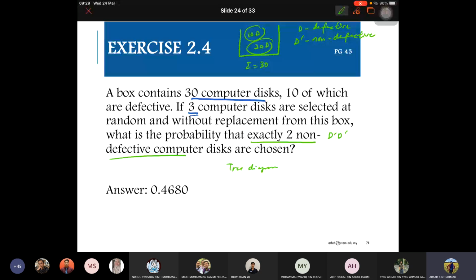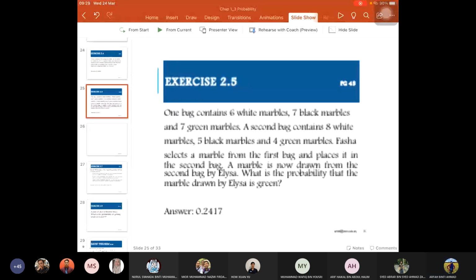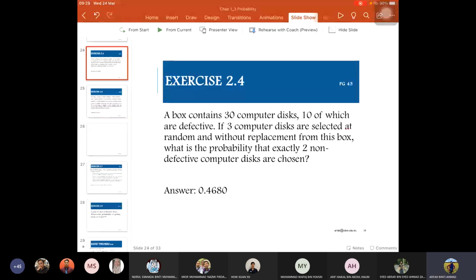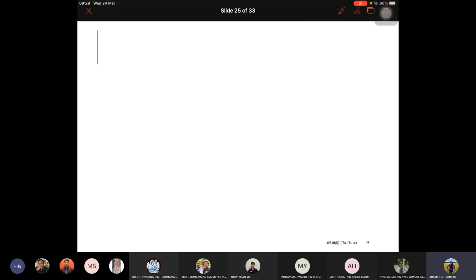Done this one ke ada yang tengah salin? So kita tengok macam mana kita nak selesaikan this particular question. Okay, discard. Okay, so tadi dia kata satu box, dia ada 10 defektif, 20 non-defektif.